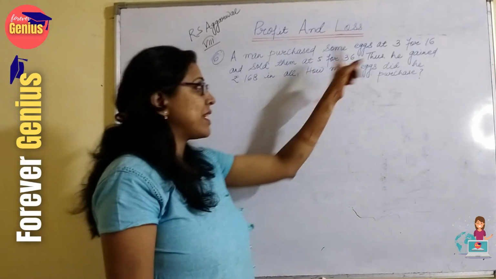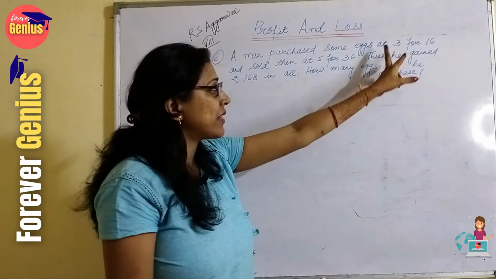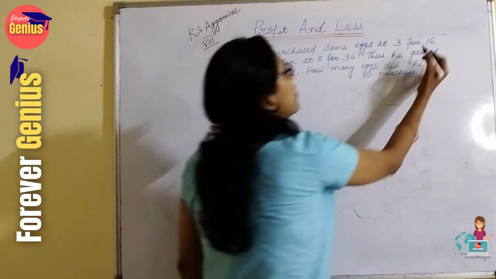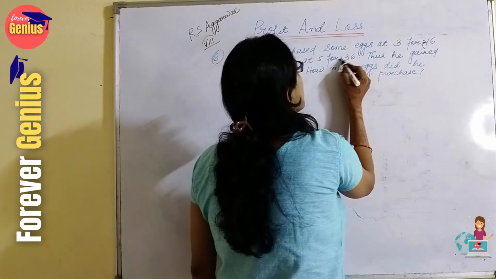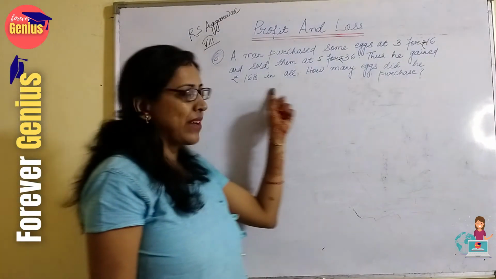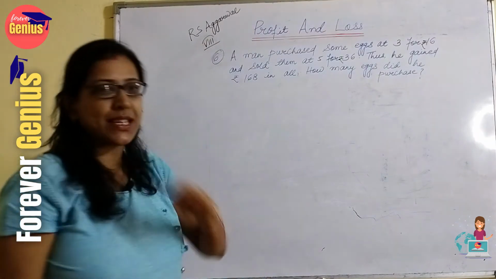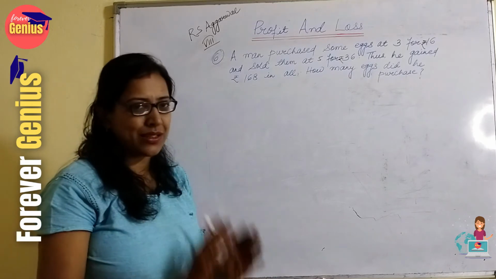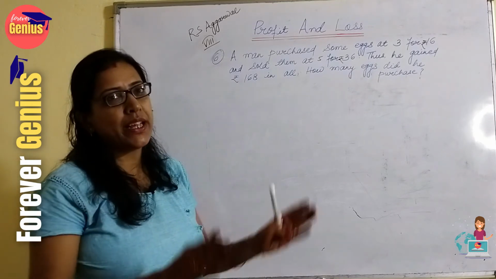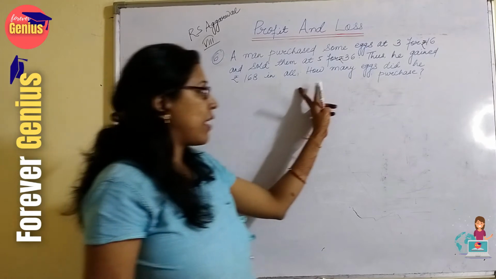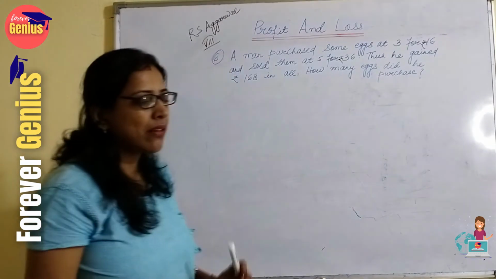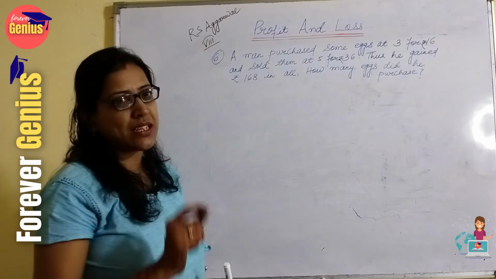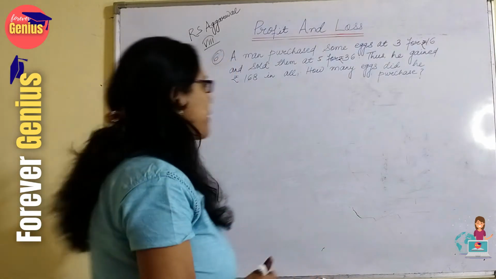A man purchased some eggs at ₹3 for 16 and sold them at 5 for 36 rupees. So thus he gained ₹168 in all. The profit is given to us. The selling price and the cost price are not provided here. How many eggs did he purchase? We have to find the total quantity of the eggs purchased by the shopkeeper.